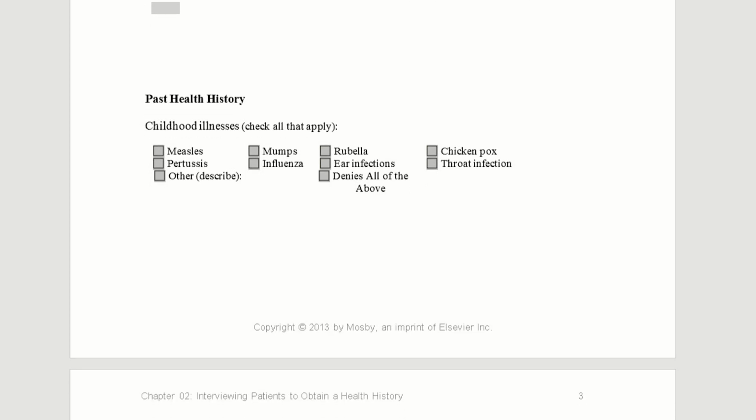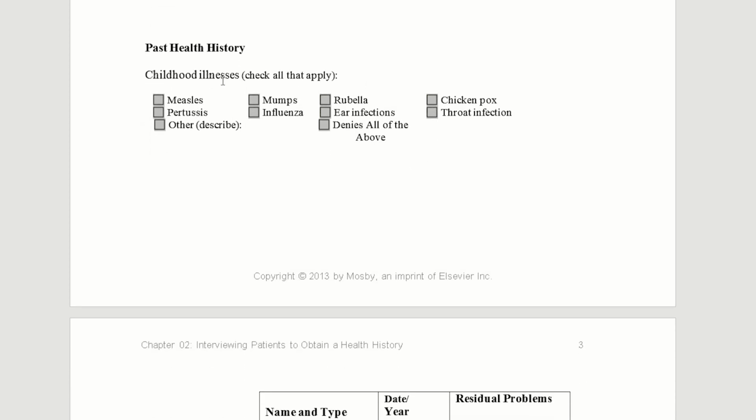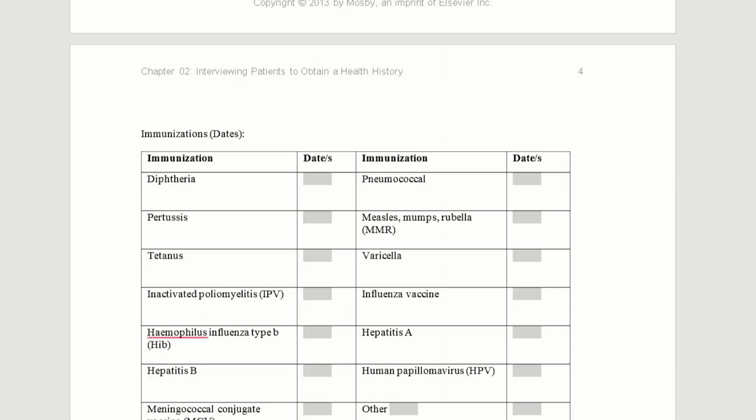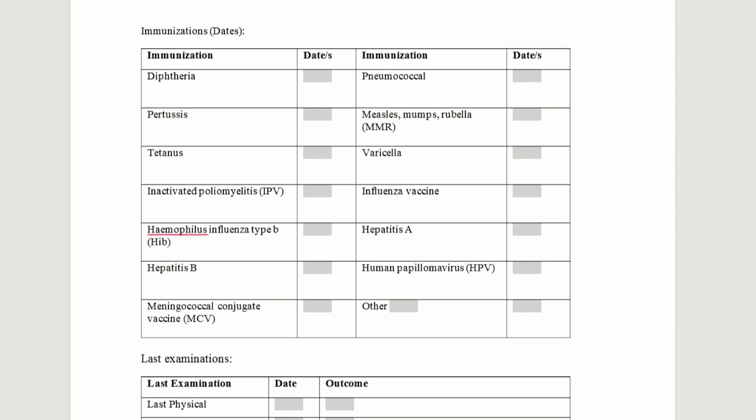Past health history. When you're asking about childhood illnesses, this is the illness they actually have had. This portion does not mean immunizations. Make sure that you're not putting immunizations here. This is the diseases they actually had. In this one, these are major problems. Please do not go into details if they have a sprained ankle or something. Moving on to immunizations.